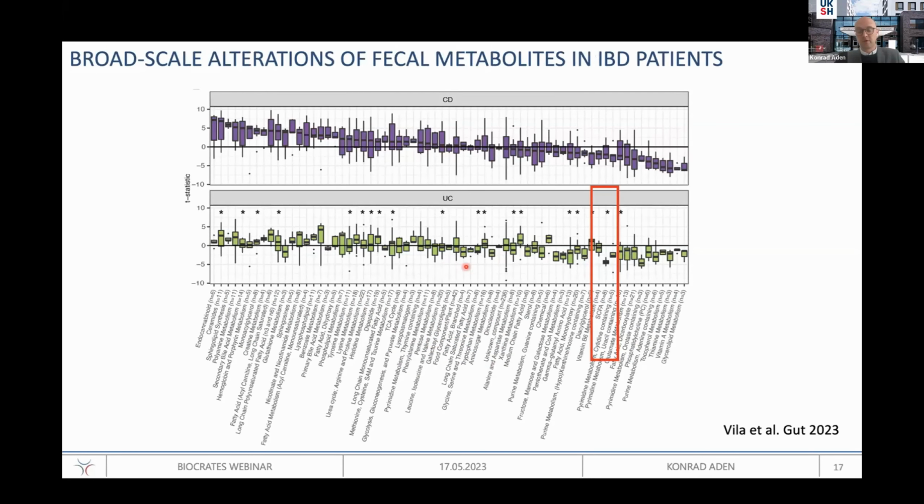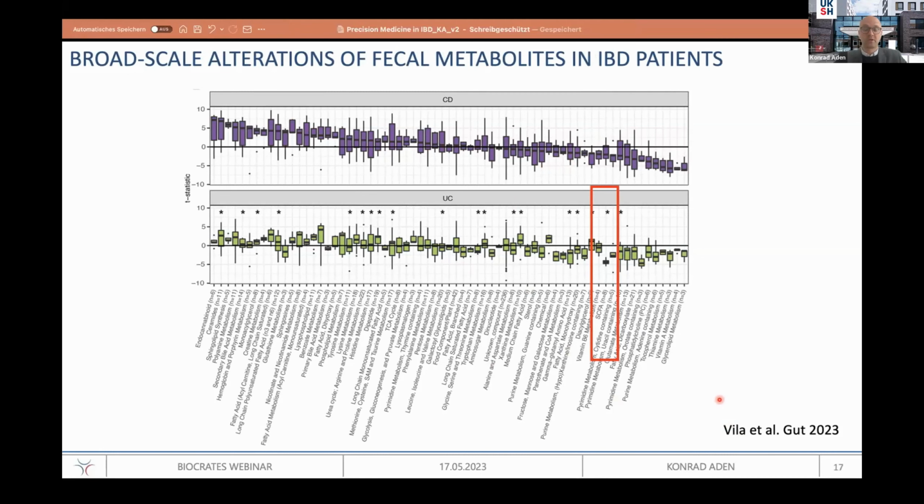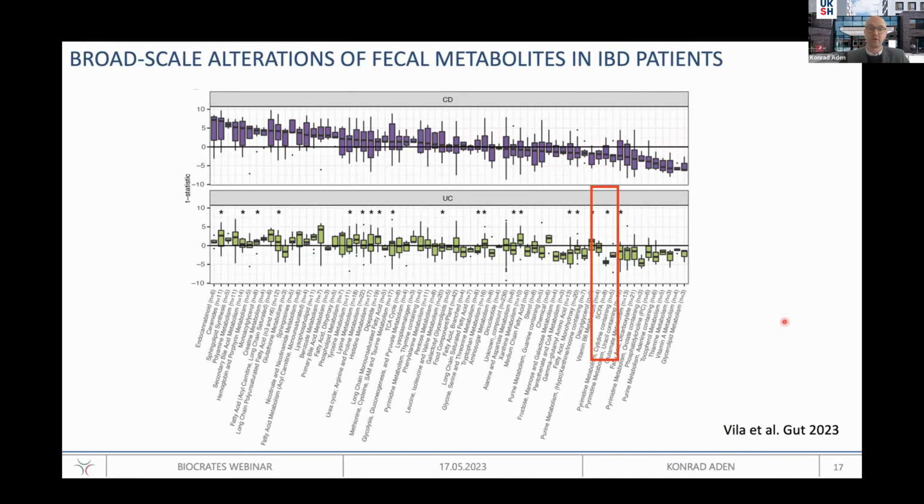These findings are further corroborated by very recent data from a group in Groningen, where they conducted fecal metabolomics from patients with either Crohn's disease, here CD, or ulcerative colitis, shown here as UC, and the black line is the comparison to the healthy controls.